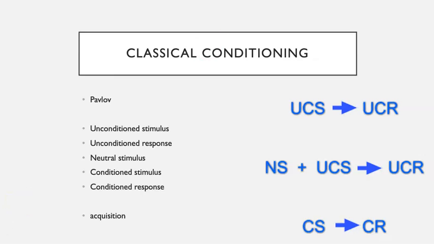So for example, in Pavlov's experiment, at this stage, the unconditioned stimulus is the meat powder, and the unconditioned response is salivation. So again, you don't have to teach this to a dog. This is not learning, this is just life.